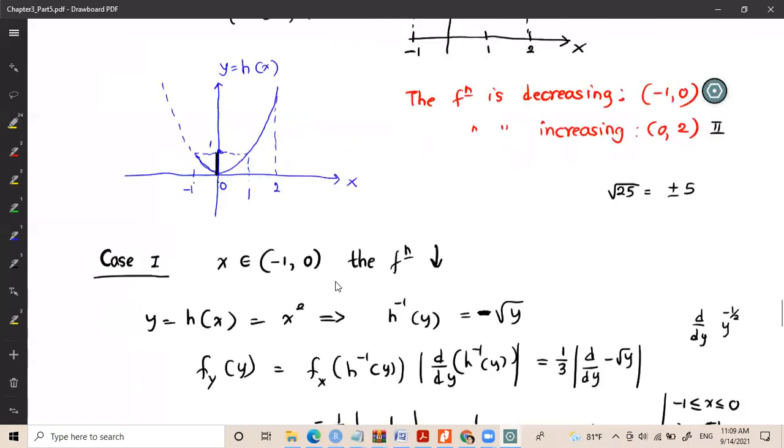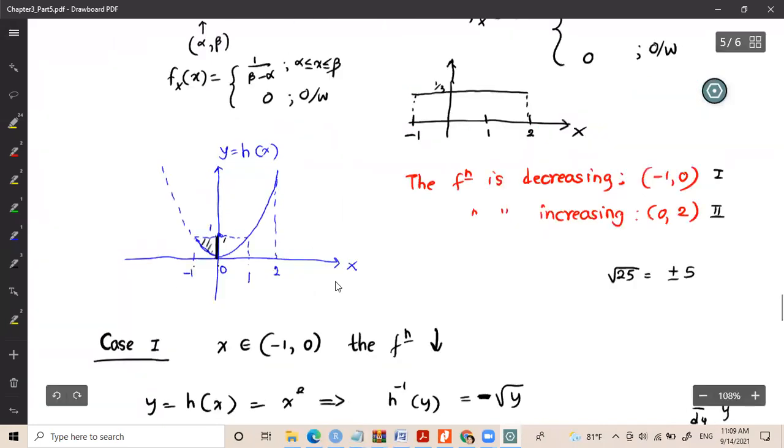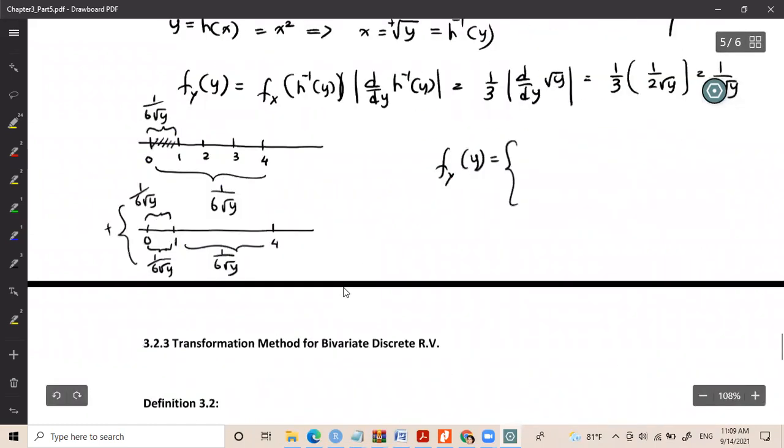If you go back to this one, this probability and this probability, you have to add them together. So this 1/6 square root of y should be added to this 1/6 square root of y coming from the second case. Therefore, within the interval 0 to 1 for y, you have 1/6 square root of y two times.